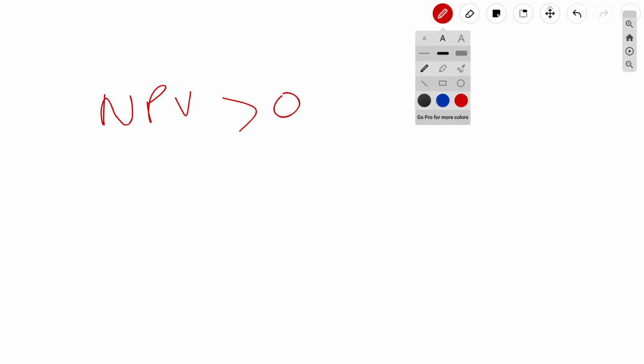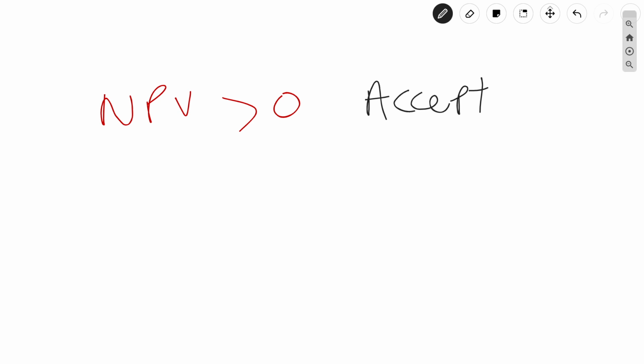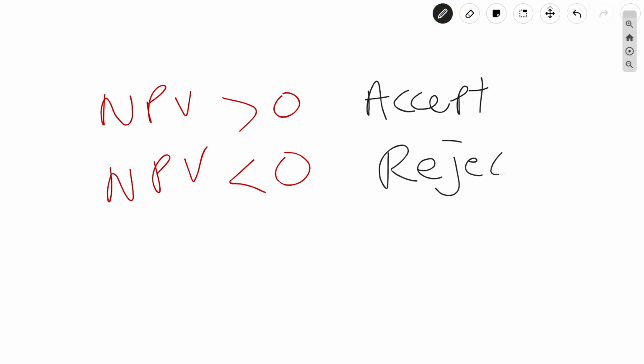Okay, so the summary is this. NPV greater than 0, accept. NPV is less than 0, don't do it. Reject the project.